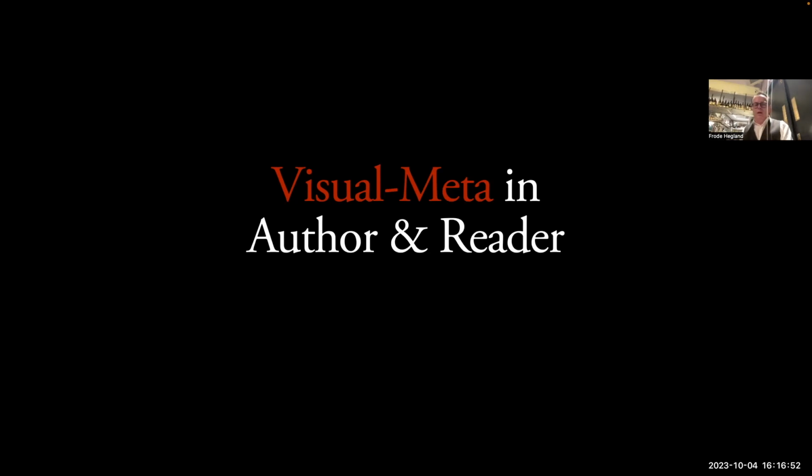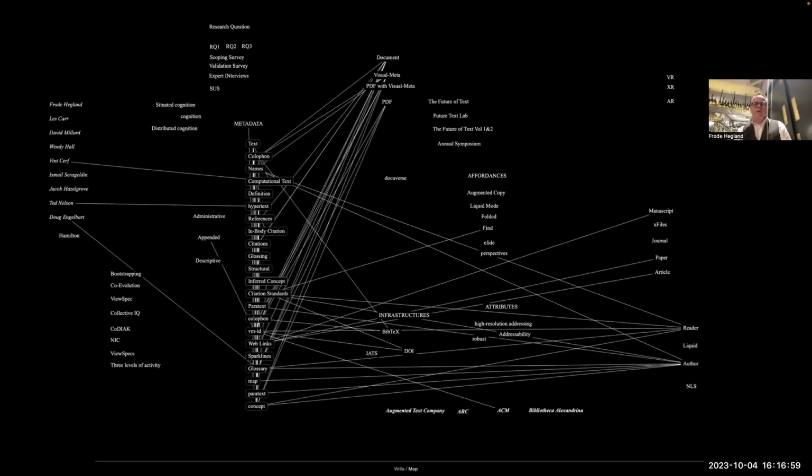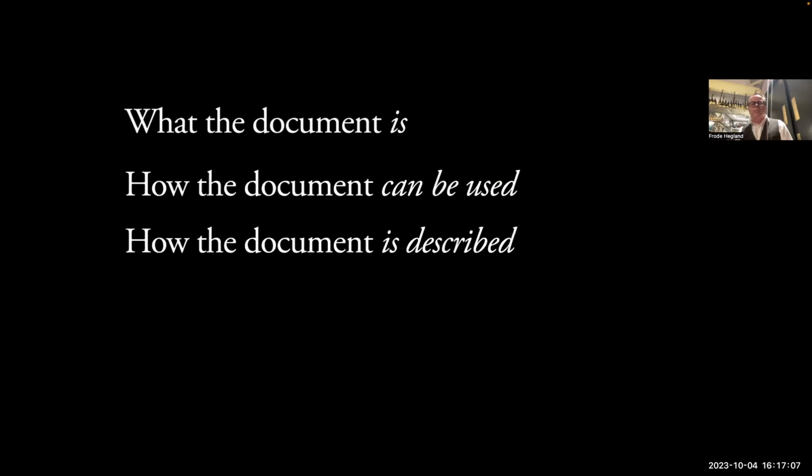Okay. So just running through these, Author and Visual-Meta, metadata is what the data is. It can get messy. That is why I'm just going to talk a little bit about document metadata. Now we're up to speed. That is what the document is, and that can mean how the document can be used and how it's described. So what the document is is inherent metadata.